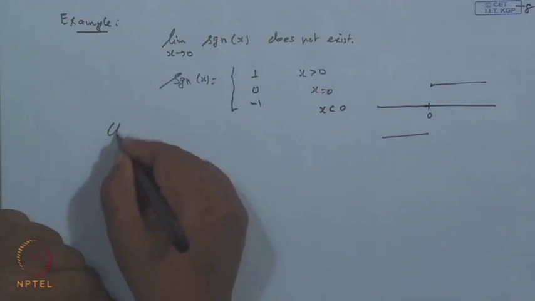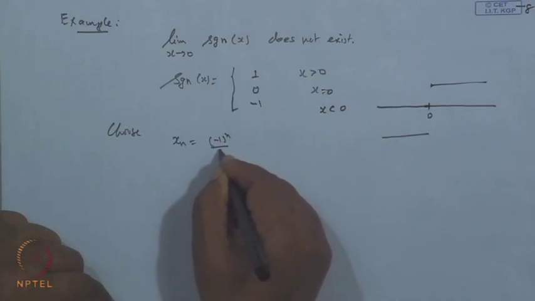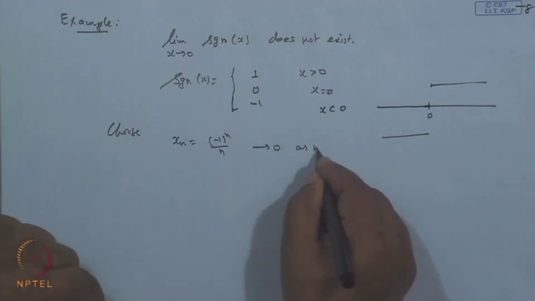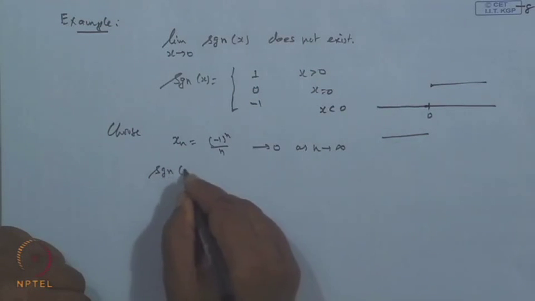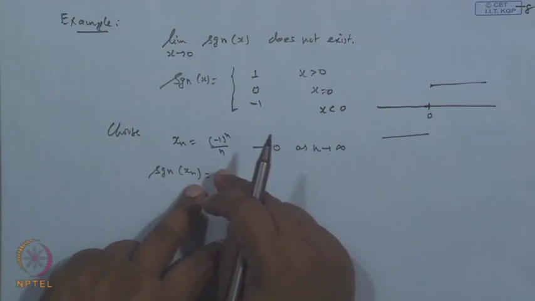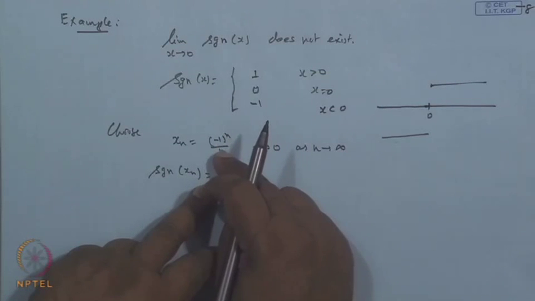So, let us choose the sequence x_n as (-1)^n over n. Obviously, this sequence will go to 0 as n tends to infinity. What is the signum of this sequence x_n? The signum of x_n, when n is even, is positive, and when n is odd, it is negative.